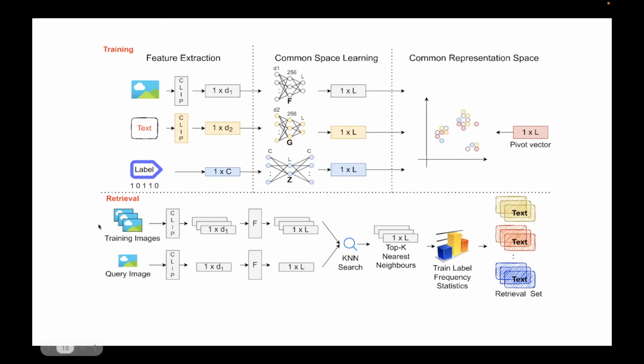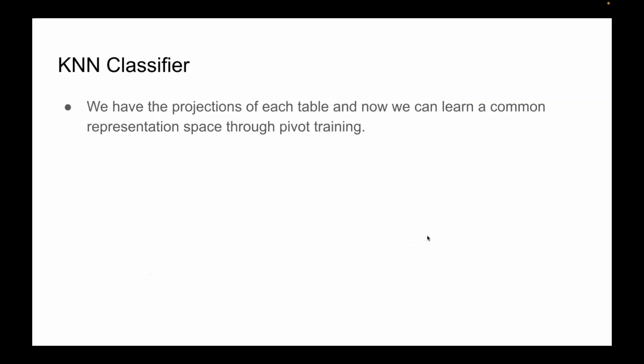At test time, we would like to put in a query table, and finally search through the original training data, and we can simply tell which of the top k nearest objects are present in the training data, and assign the class label accordingly. So this is the KNN classifier approach, and we learn this common representation space through pivot learning. That is the whole approach we are trying.